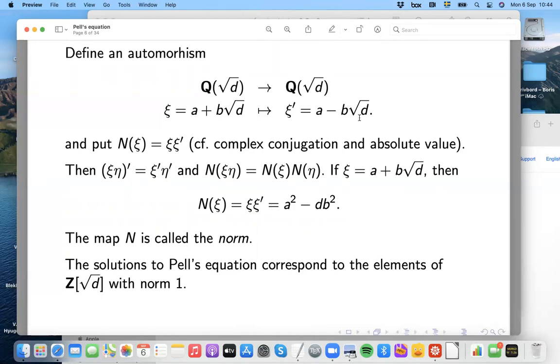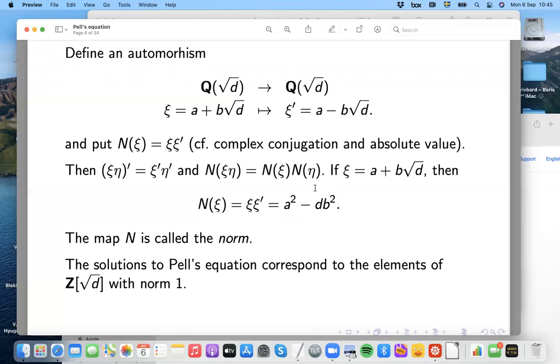And now to any number psi like this, we'll be associating the norm, which is like the square of the absolute value in the complex numbers. Namely, we'll be taking psi times psi prime. If we multiply one by the other, we get that the norm of the number psi is a squared minus d b squared. This is called the norm.